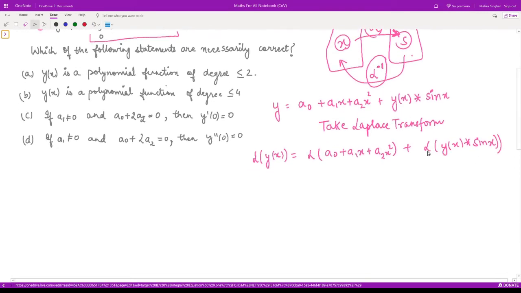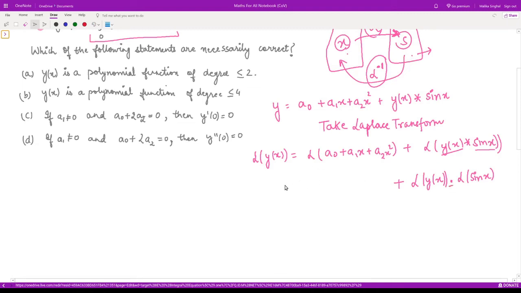By the convolution property of the Laplace transform, the Laplace of two functions which are convolved with each other is equal to the Laplace of the first function multiplied by the Laplace of the second function. So when you take the Laplace transform, you just have a multiplication.